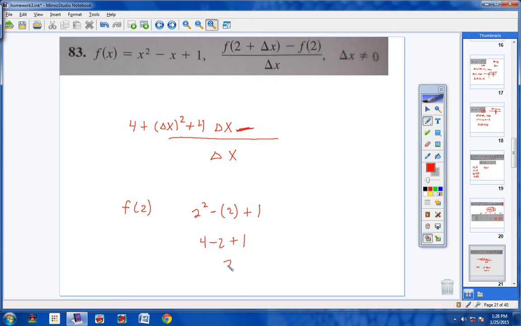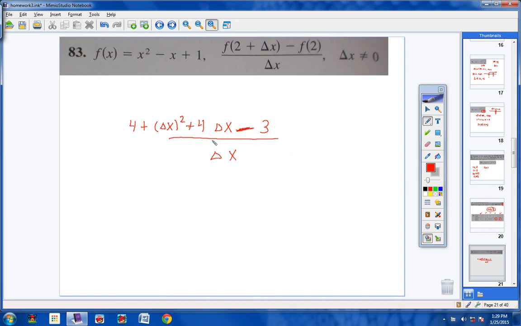So we get out 3. Alright, so for right here we're going to put 3. Now, for the bottom we just have delta x, which is fine. Now, let's see if we can't do maybe some reducing or canceling here, okay? So here we go.